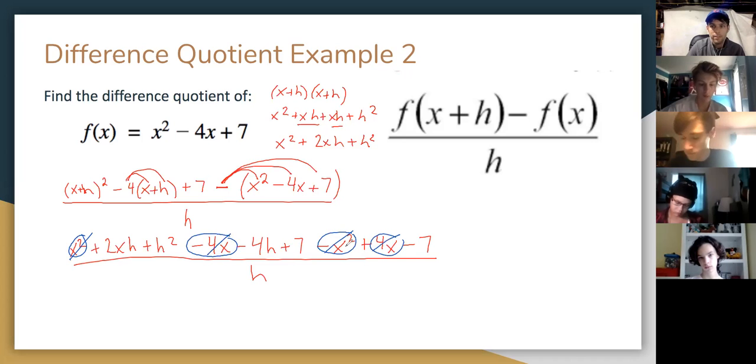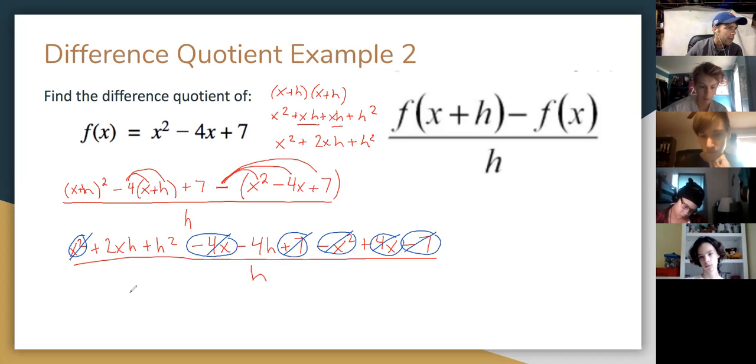Those can go away. I have plus 7 and minus 7. Those again make 0, so those will go away. Okay, so that's pretty convenient now. What I have left are these 3 terms, and there's nothing I can really do to put them together. None of them are like terms, right? xh, h squared, h. Yeah, none of those are like terms.